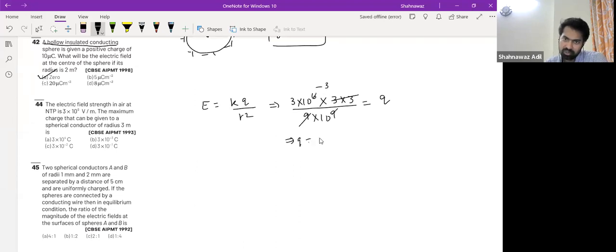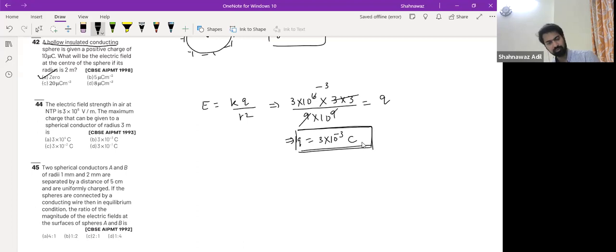So Q is 3 into 10 to the power minus 3 coulomb. Are you guys getting this value? How did we get the value of 9 into 10 raised to the power 9? What is the value of K?